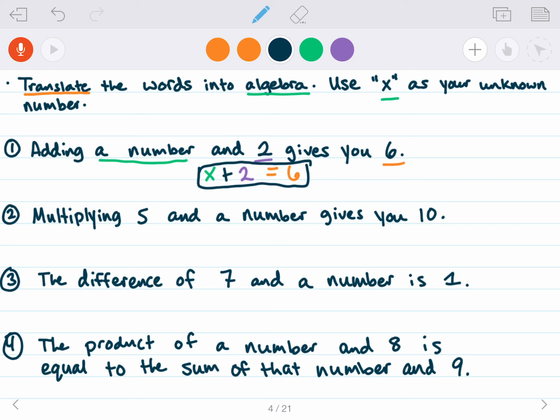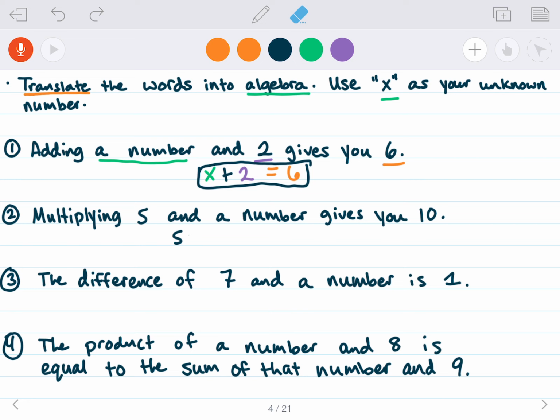All right, let's look at number 2. Multiplying 5 and a number gives you 10. So multiplying 5 times a number, again, we're using x for our number. And typically in algebra, we don't use the x to indicate multiplication. Instead, we either use a dot or we don't write anything at all.